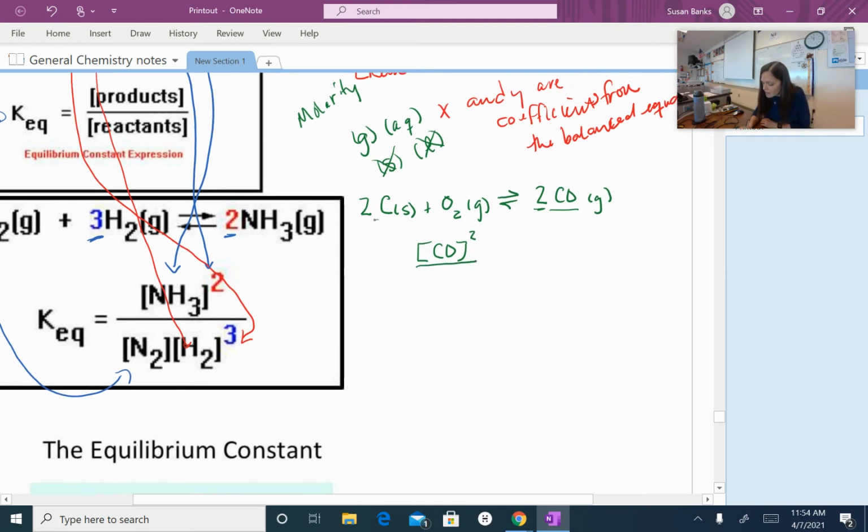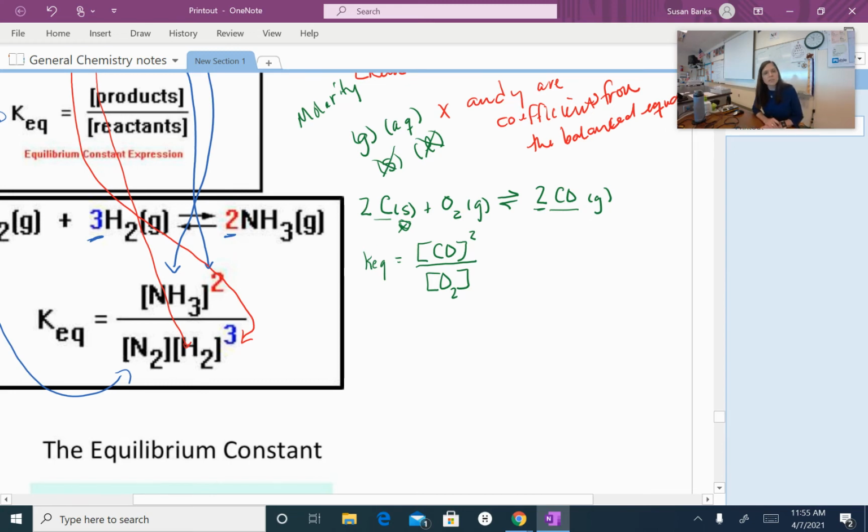Okay, carbon. Are we going to put carbon down there? Did you put carbon down there? I sure hope you didn't because it's in the solid state. We cannot put things in the solid state in there. So that carbon is going to be ignored. But oxygen is in the gas state.